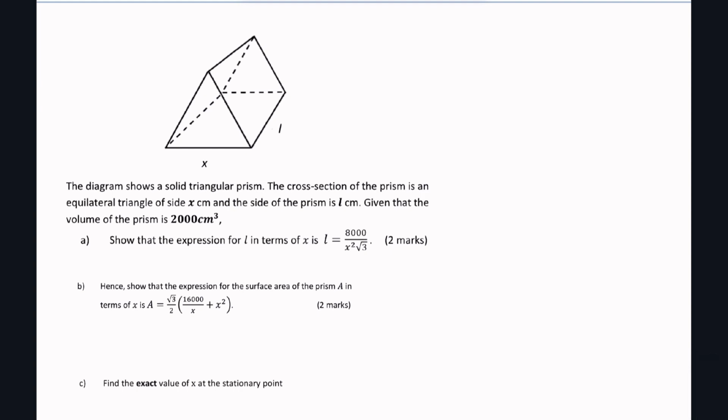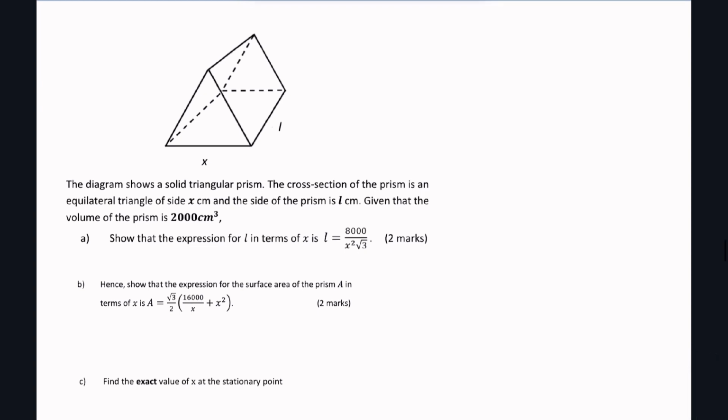Remember that a prism is a sort of cylinder where the volume is equal to the area of the cross-section. In this case, it's a triangle. This is the cross-sectional area of the prism multiplied by the length.